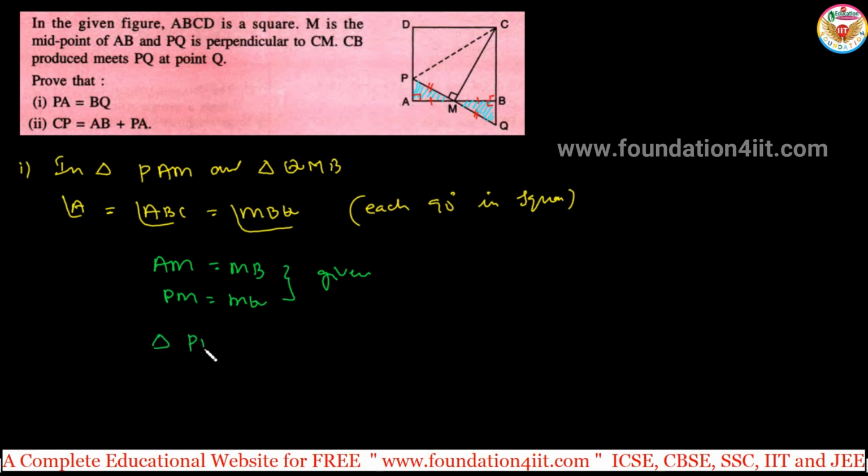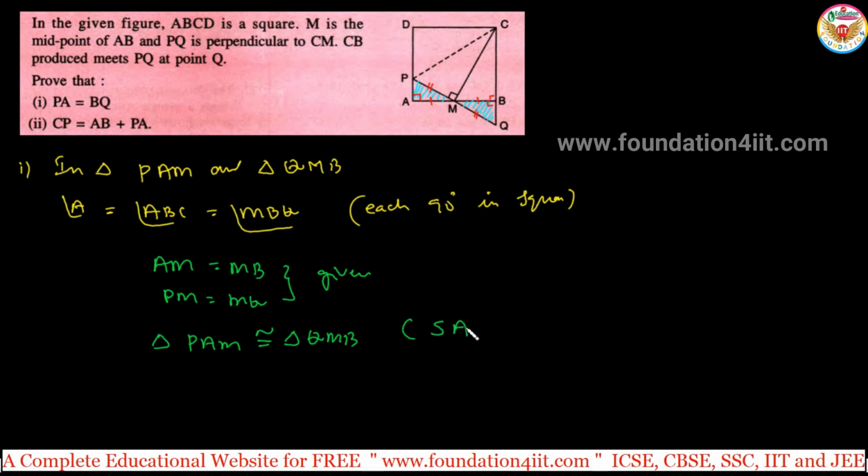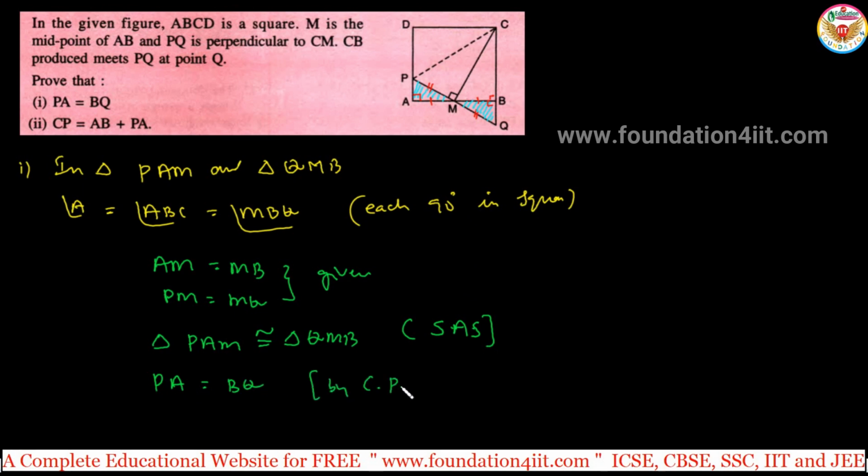Therefore triangle PAM is congruent to triangle QMB. This is side angle side, the side angle side property we can use. So by CPCT we can say PA is equal to BQ. Corresponding parts of congruent triangles, right?